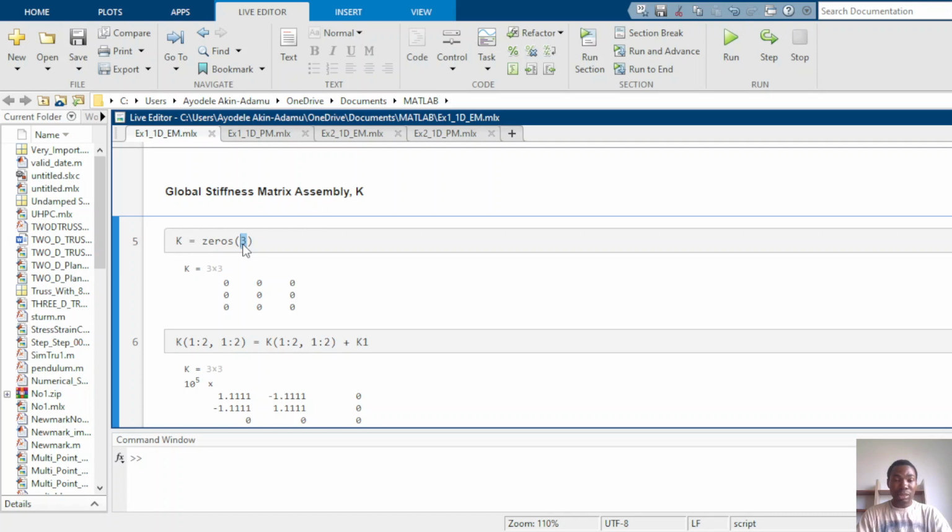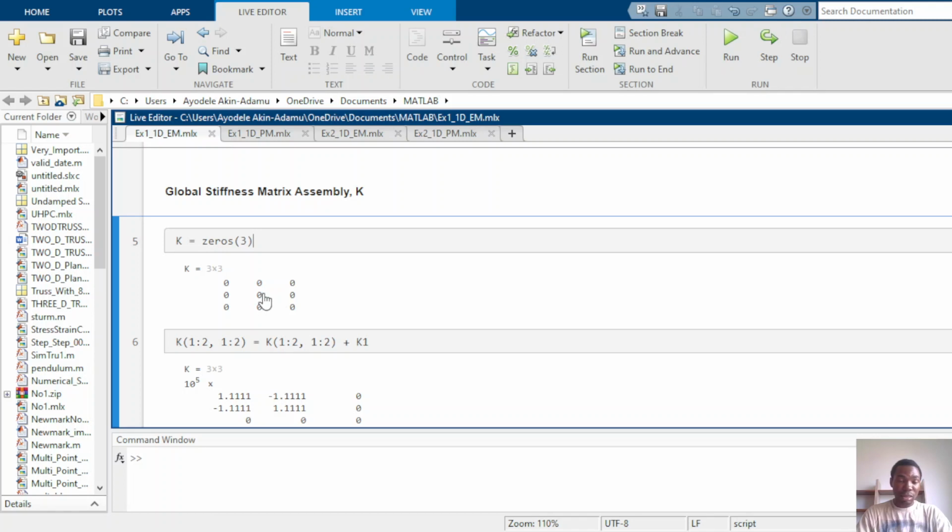Since I want a 3 by 3 matrix, I'll put 3 here. So my K is my global stiffness matrix. I'll say K equals zeros, open bracket, 3, close bracket. I write this code and I run. This 3 by 3 zero matrix gets generated.